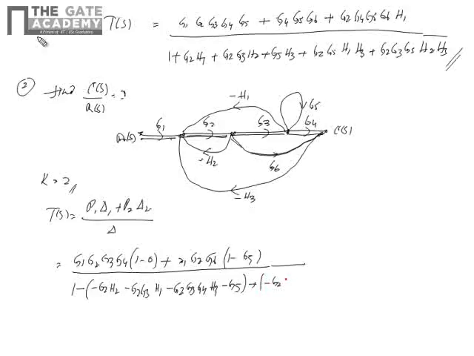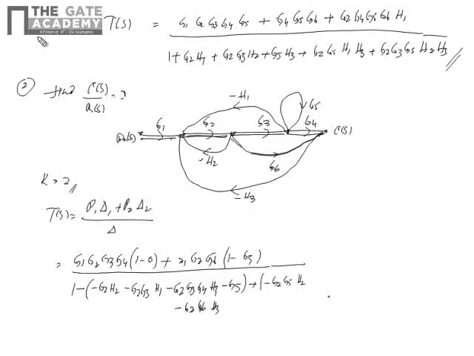Oh, one more individual loop is G2 G6 H3, so minus G2 G6 H3 also is there.